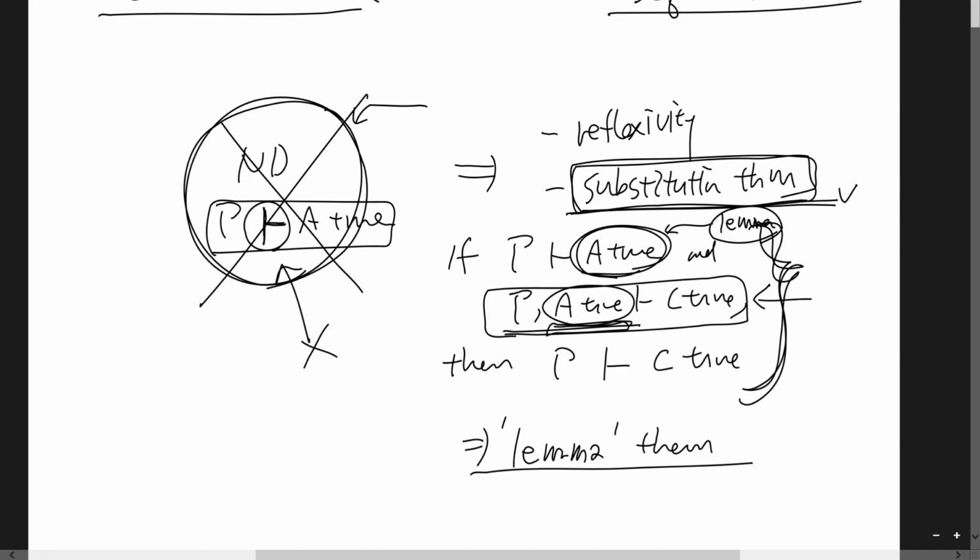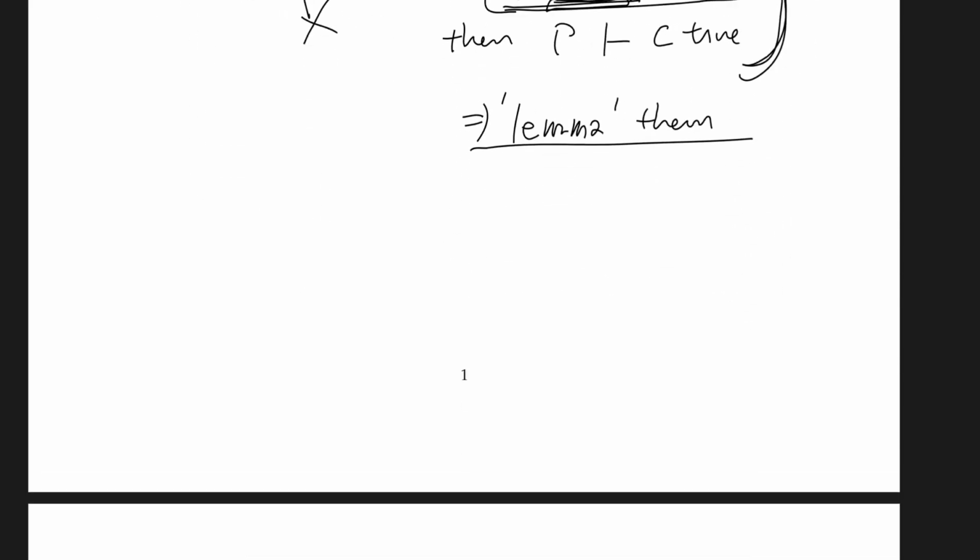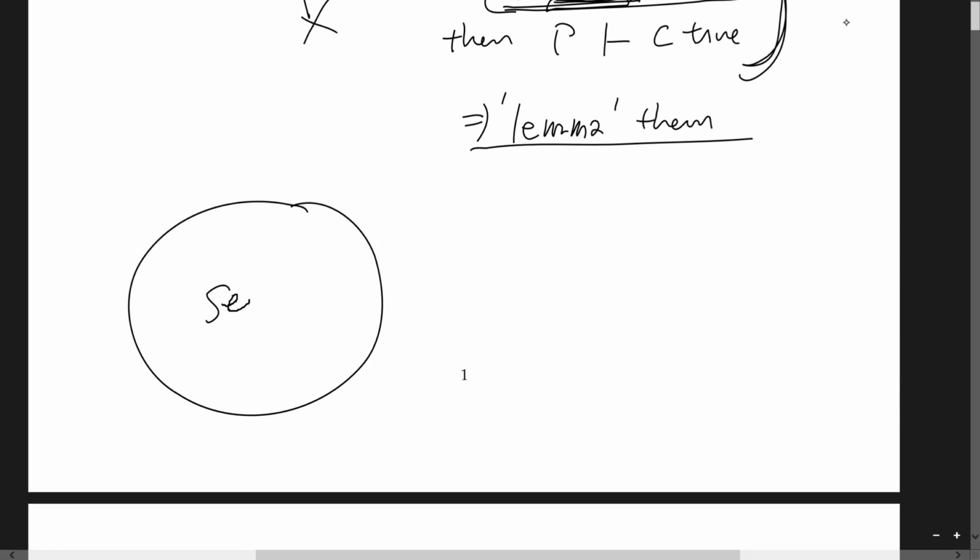Basically, we are going to repeat the same story, this time for sequent calculus. In the case of sequent calculus, gamma arrow C, we have to prove cut elimination.